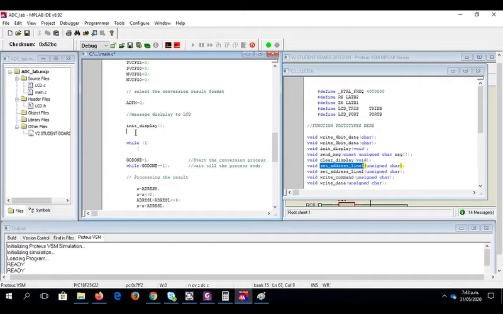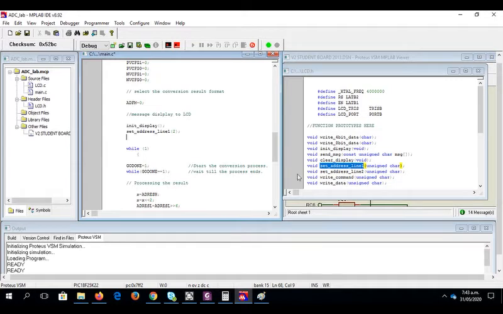So my cursor should be located at a particular position, and that should be, let's write down 2. And then I have to write what message I want to send.